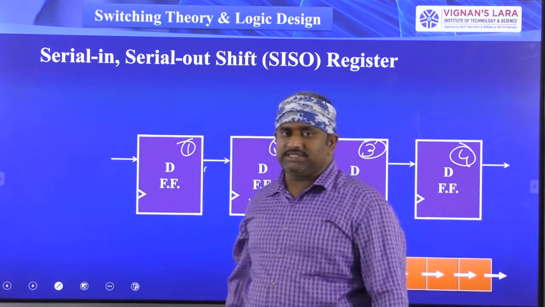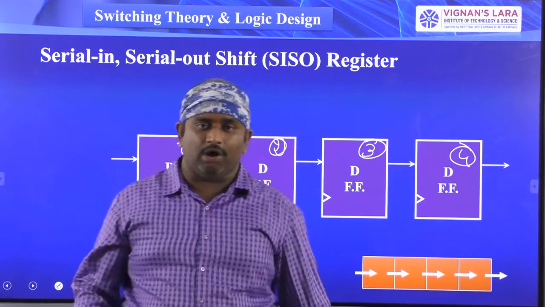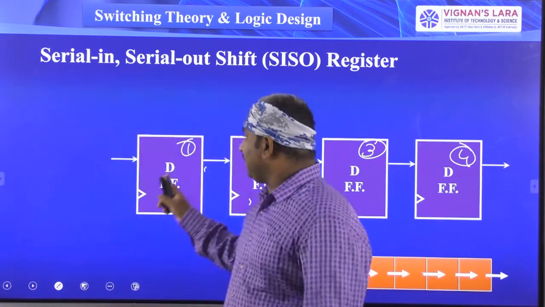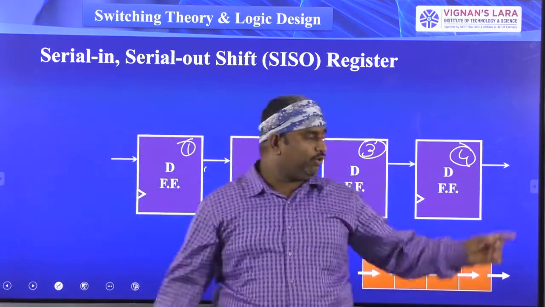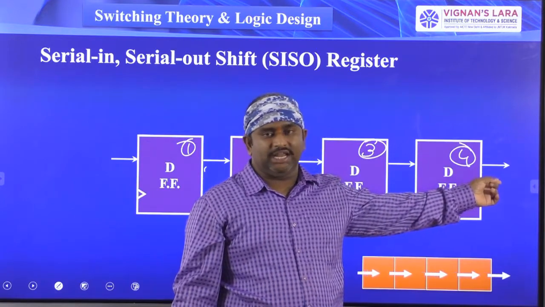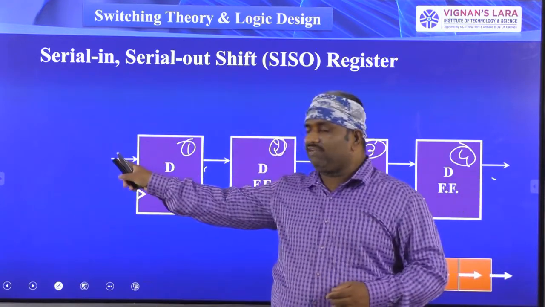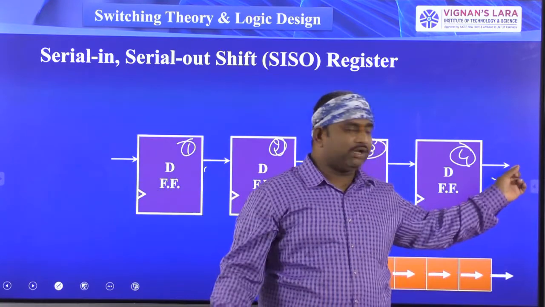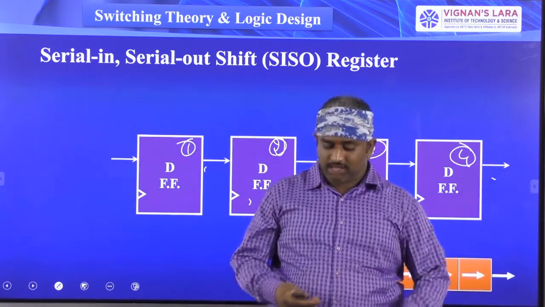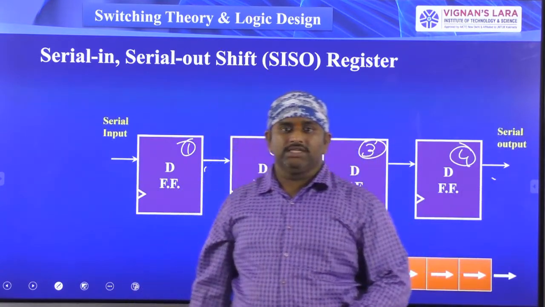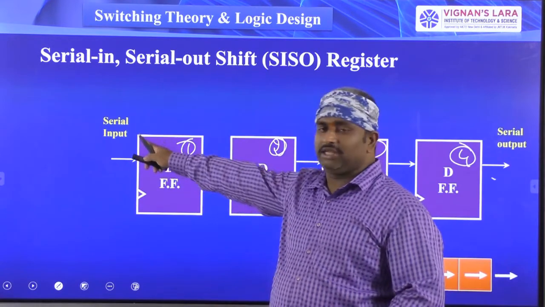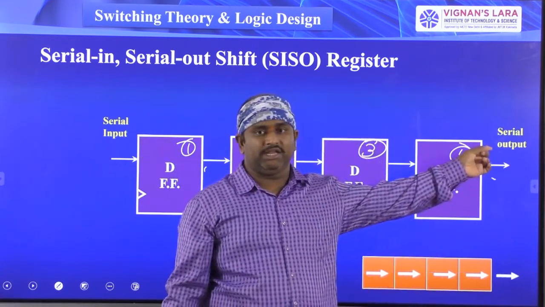So this is the serial in, serial out configuration. Here you are giving the data in the serial direction and collecting the data in the serial direction. Write down here serial input and serial output.